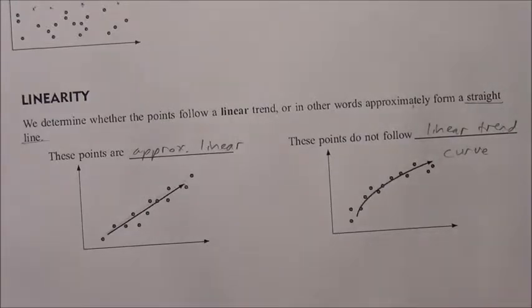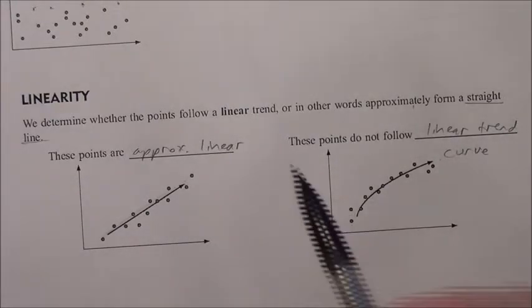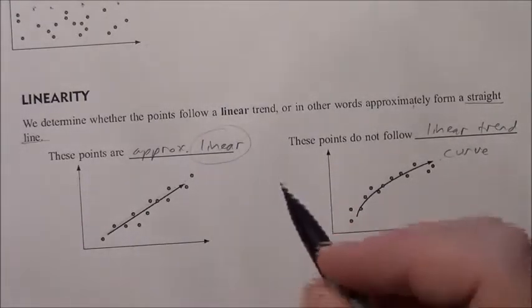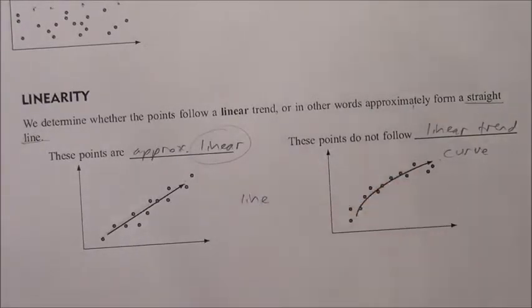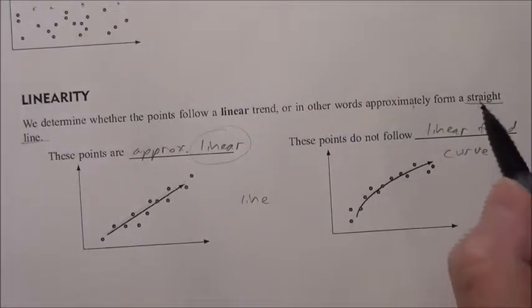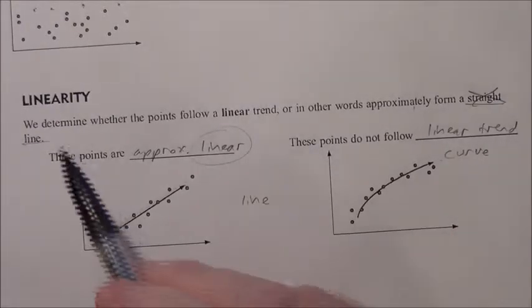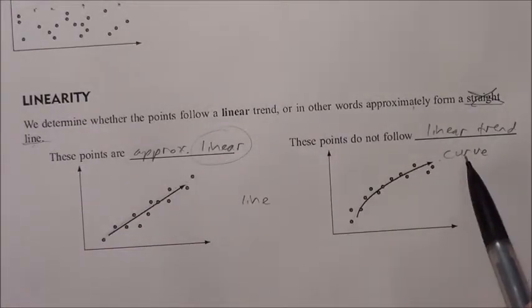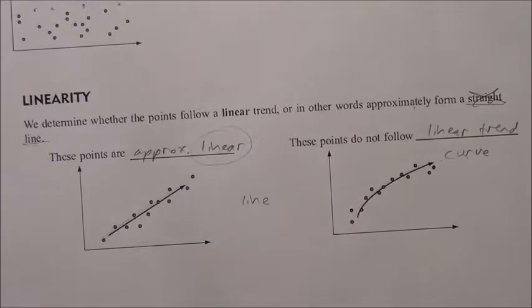So mathematically, if you're ever talking about anything linear or saying it's a line, we know by default that it's going to be straight. So it's redundant to say a straight line. So it's either a line or it's a curve. Okay, so you don't have to use straight line.